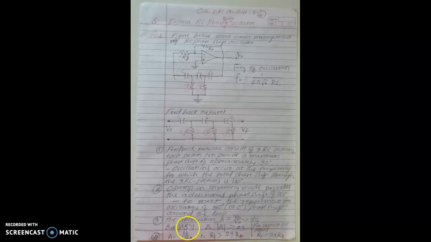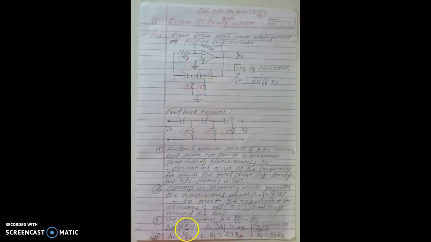The minimum requirement is that the magnitude of A beta, the product of the basic amplifier gain and the feedback factor, should be equal to 1, but it is good if you maintain it greater than 1. So for this practical RC phase shift oscillator, we have magnitude of A beta greater than 1.